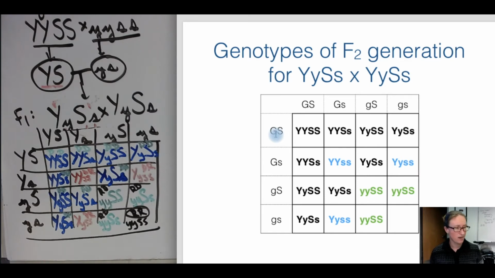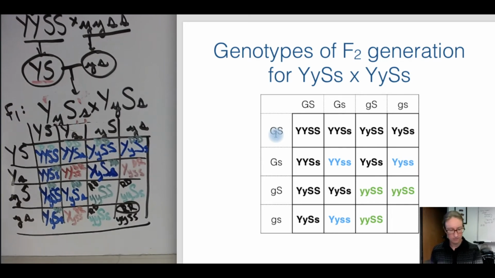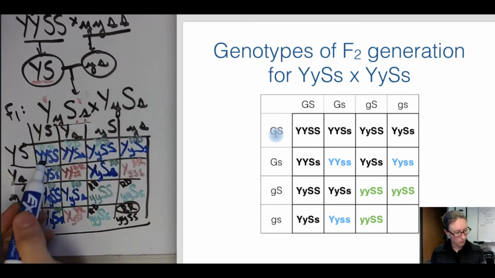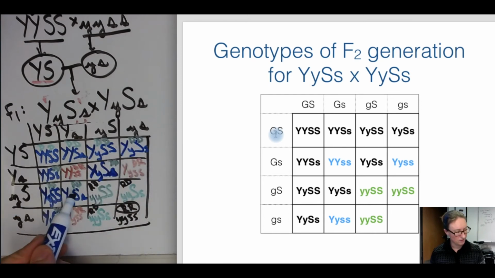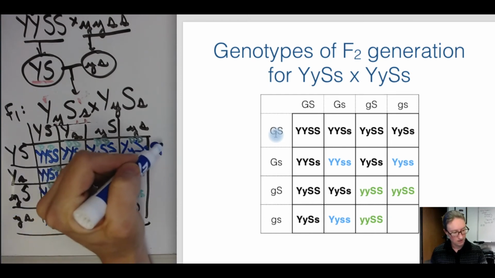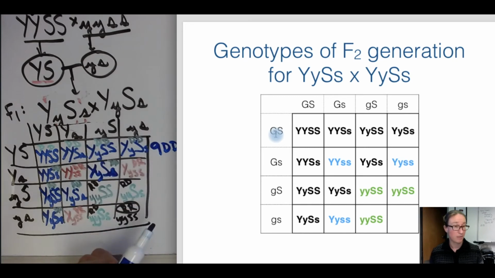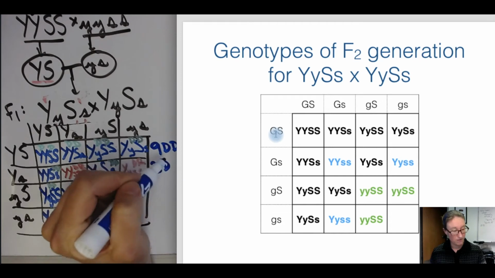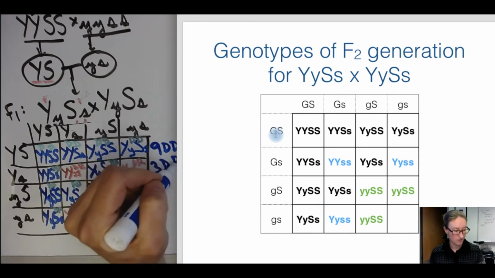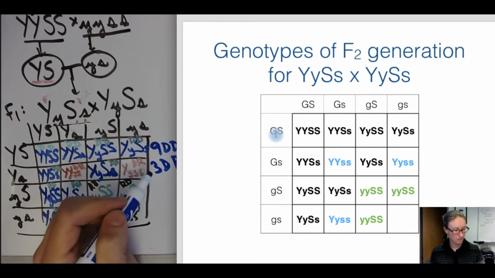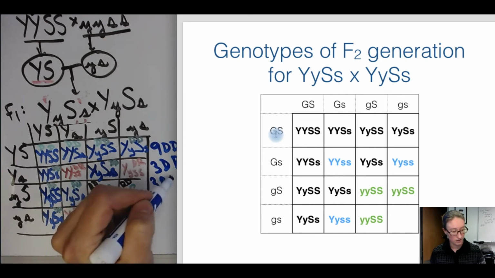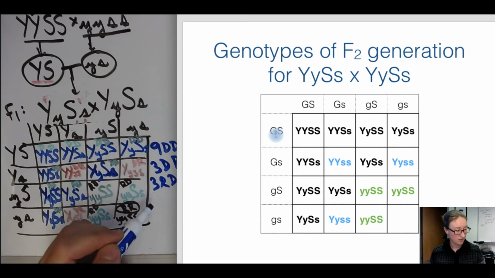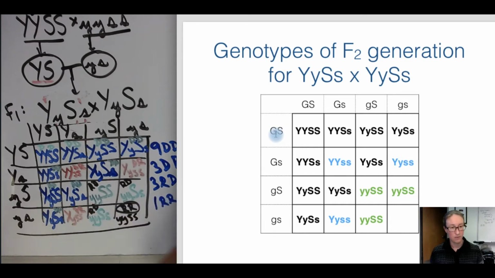And so now, if I add these together, what we'll find is there's 1, 2, 3, 4, 5, 6, 7, 8, 9. 9 that are dominant for both traits. 3 that are dominant for color and recessive for shape, 3 that are recessive for color and dominant for shape, and then 1 that is recessive for both color and shape.